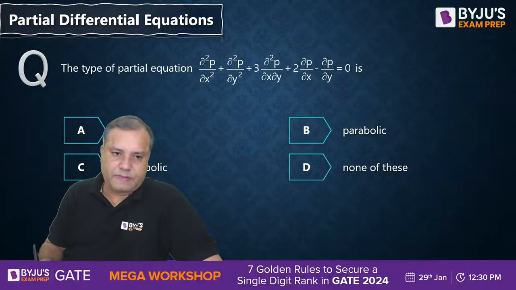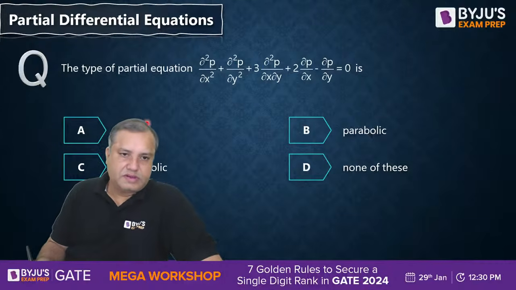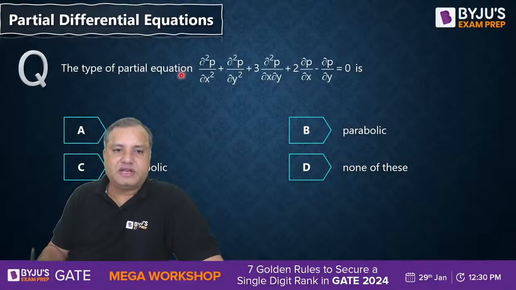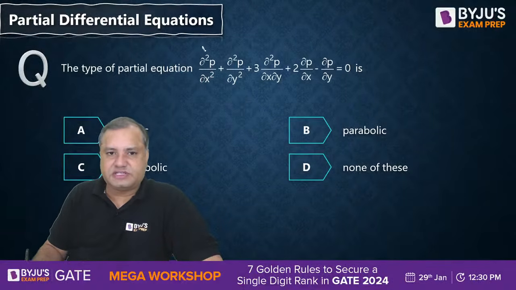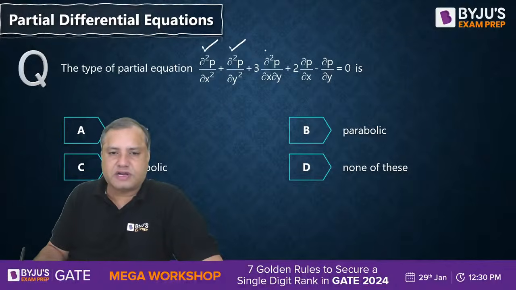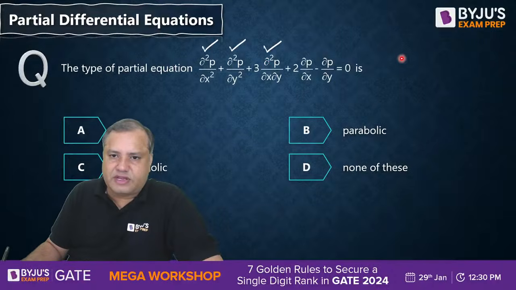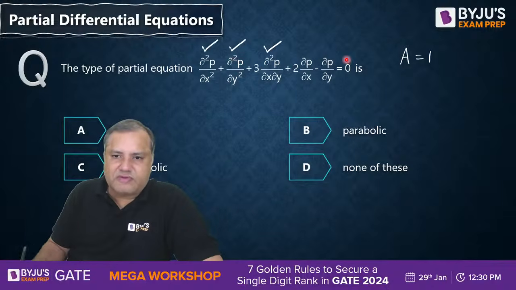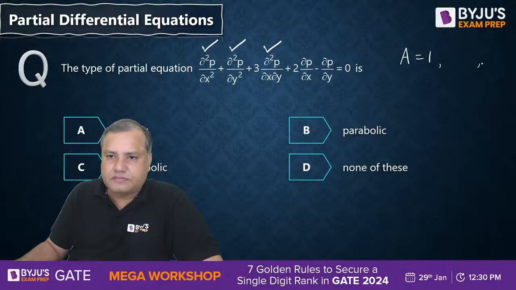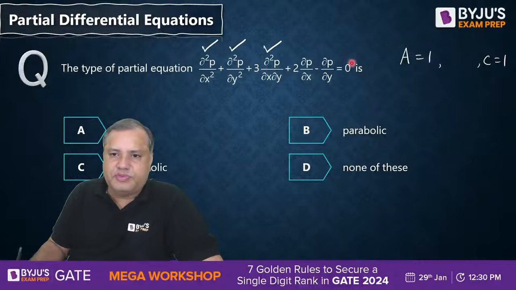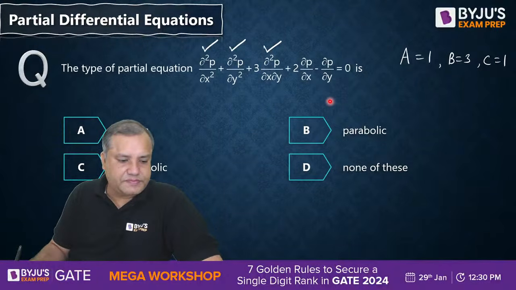Now see this, the type of partial differential equation. This is a second order derivative term. This is also second order. This is also second order. Okay. So del square p by del x square will give you a. Del square p by del y square will give you c. And del square p by del x del y will give you b. Okay.